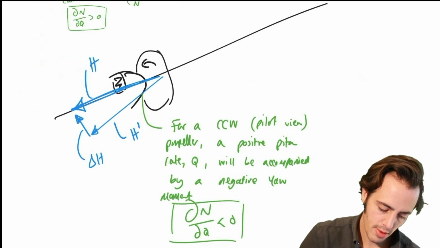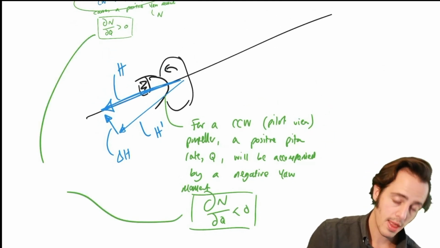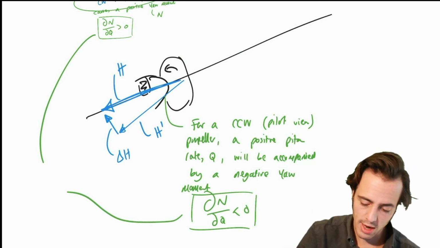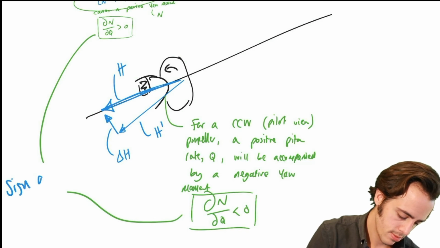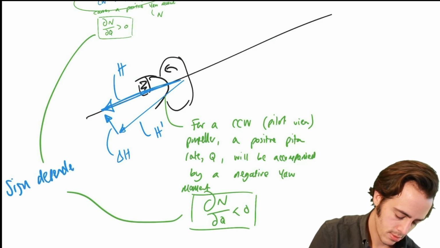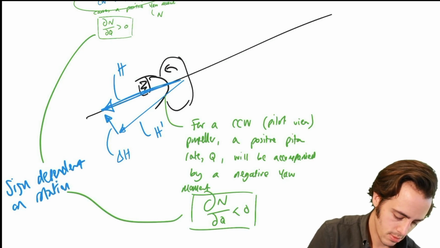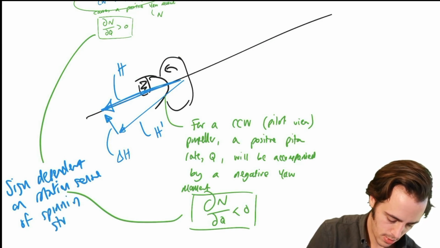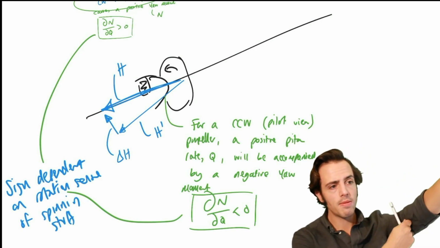So we've shown here there is an inertial coupling that can occur due to gyroscopic precession that is dependent on the rotation sense of your propeller, your engine, or whatever else you have on your aircraft. This can be considerable for a large propeller or for a large gas turbine engine.